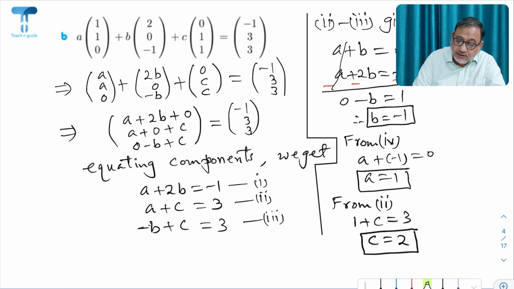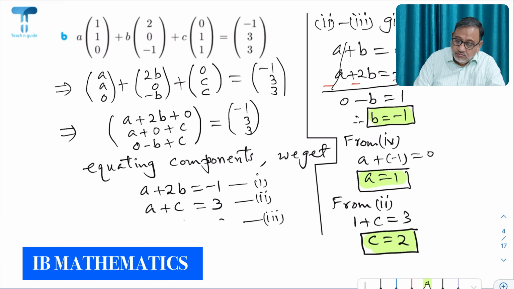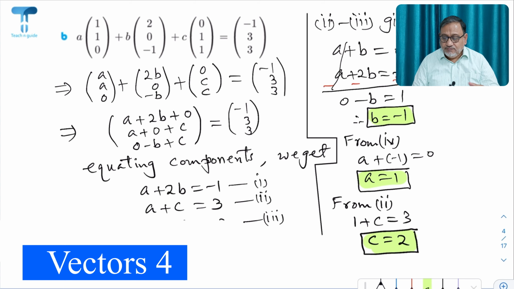So like that, I got all the three values, okay? A is 1, B is minus 1, and C is 2. So I hope you understood this. Yeah, it was not difficult, right?